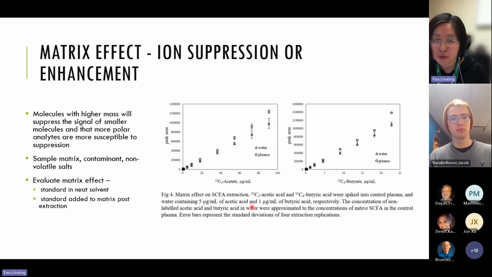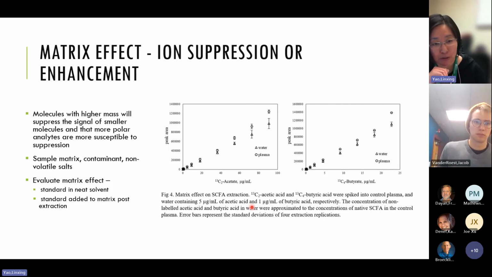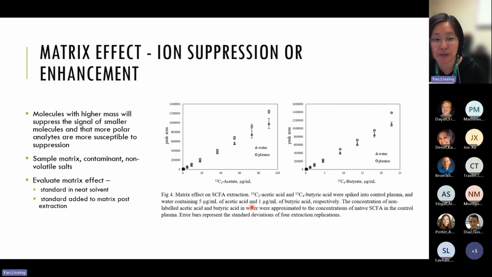The matrix effect could be from the sample matrix, and it also can be from contaminants like detergents, or from non-volatile salts added during the experiments. To evaluate the matrix effect, you want to compare the standard in neat solvent with the standards added to the matrix post extraction.